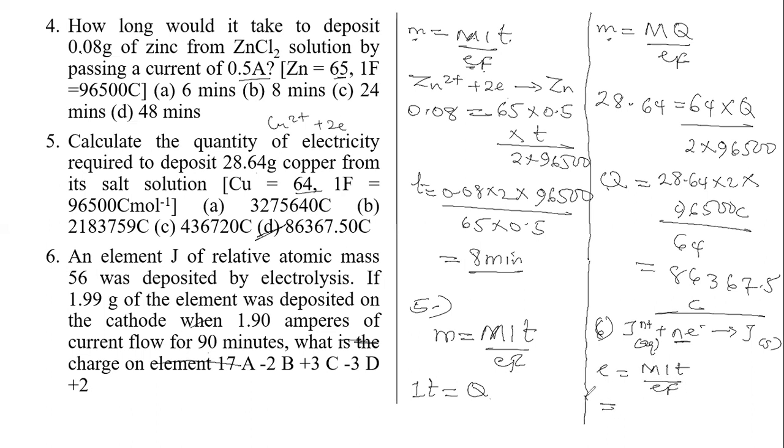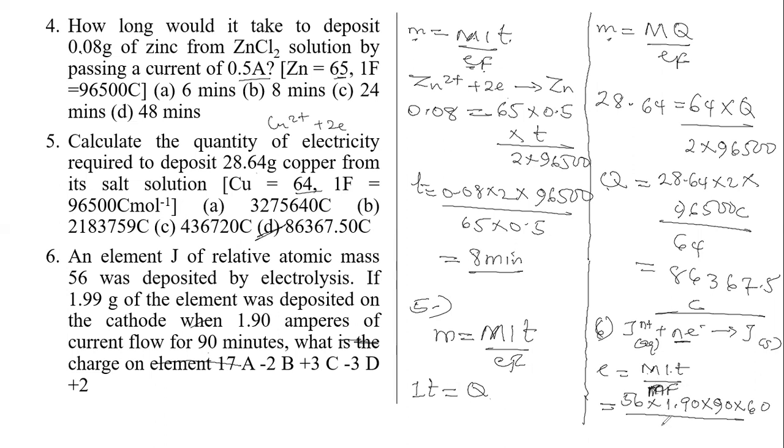So you are having this M is the atomic mass of the element, which is 56, and I is the current, T is the time, which is 90 minutes. 90 is converted to seconds by multiplying it with 60. Oh, sorry, this one is M.